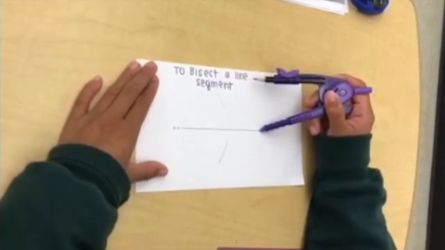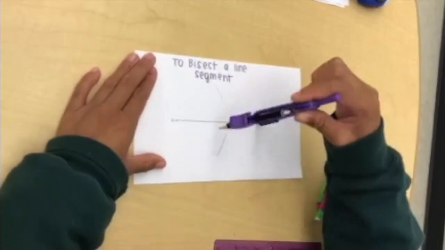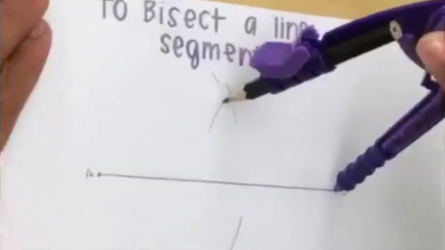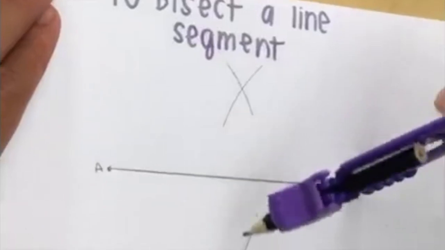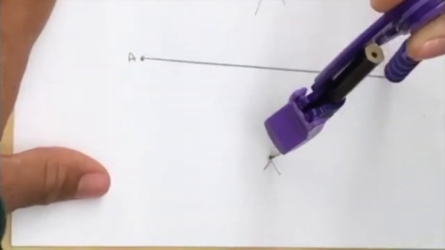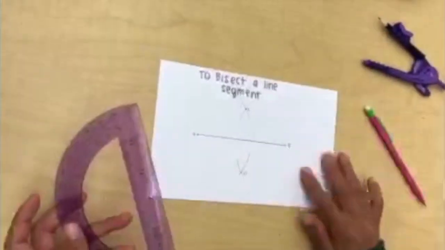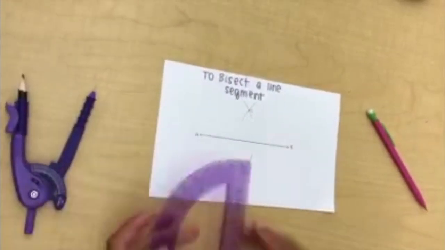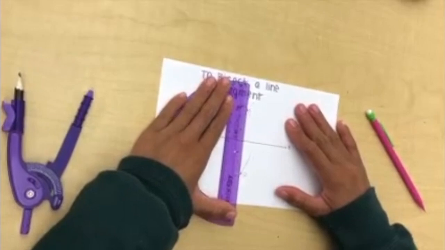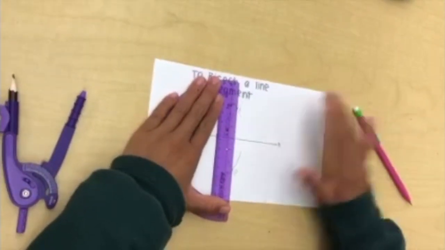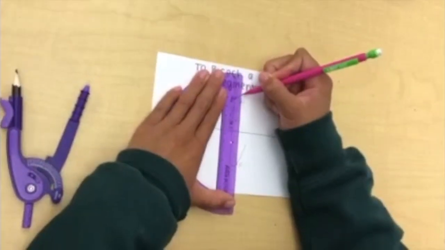Then, using the same radius as before, you will draw two arcs centered at point B, intersecting the previous arcs. Lastly, you will draw a line through the points where the arcs intersected.